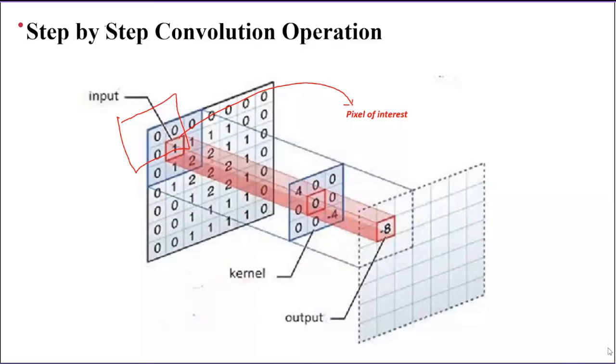You place it on the top left, exactly how it is fitted here, and now you get the first pixel of the activation map. Normally your size is reduced, so even though the input is 7x7, the output of this activation map will be only 5x5.